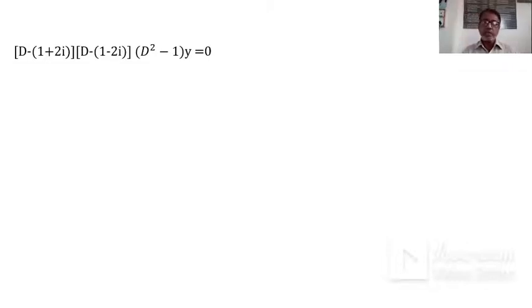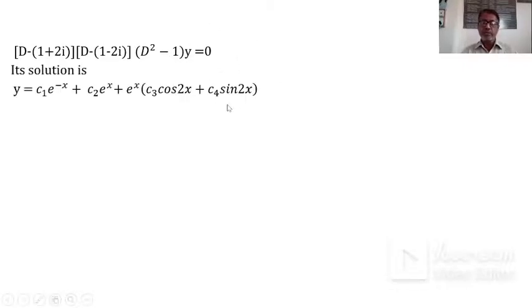That's why I have written here that this is directly 0. Therefore, what are the roots of this auxiliary equation? This auxiliary equation has the roots minus 1, 1, and 1 plus 2i and 1 minus 2i.